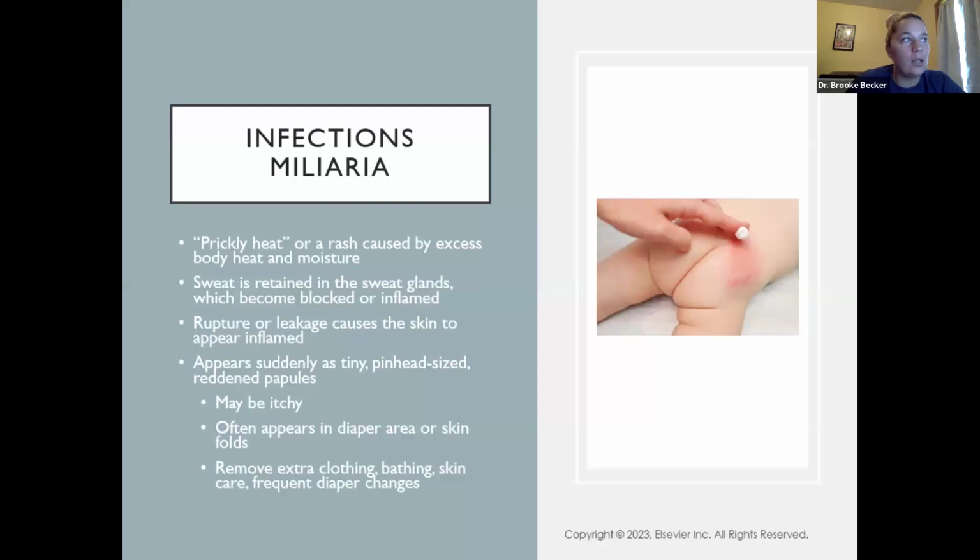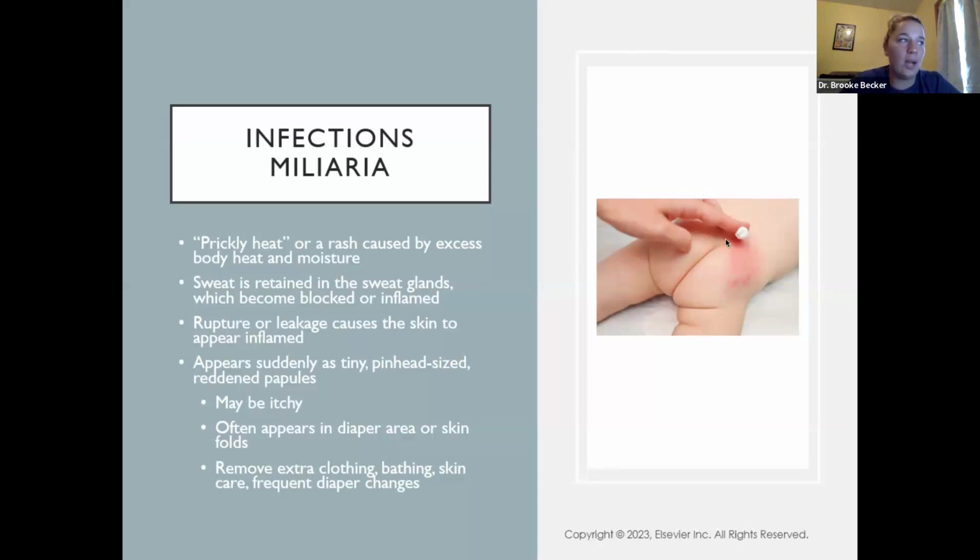Okay, so miliaria. This is your prickly heat rash. When you see kids with heat rash, that's what miliaria is. A lot of times babies who have maybe been in long sleeve onesies, driven in a car, and then you get them out, they'll have that prickly heat rash.